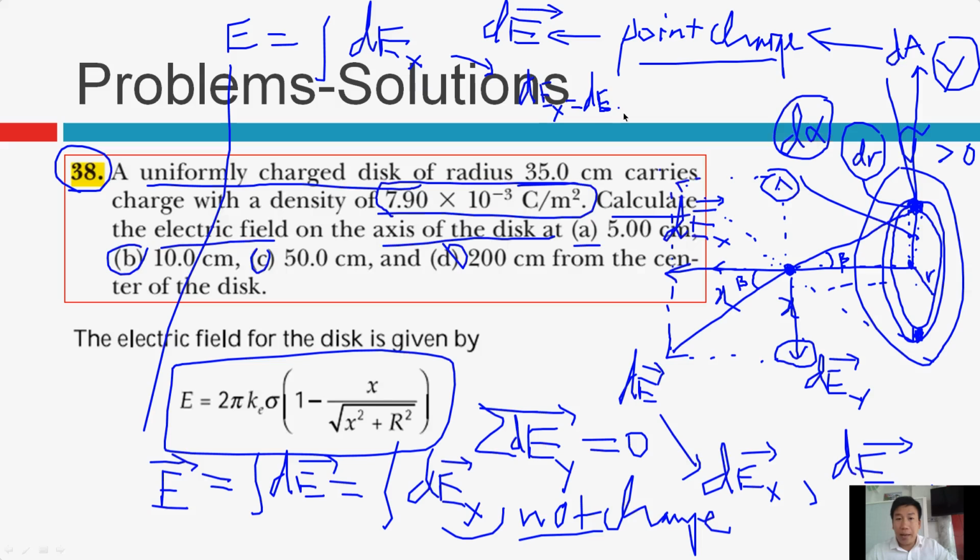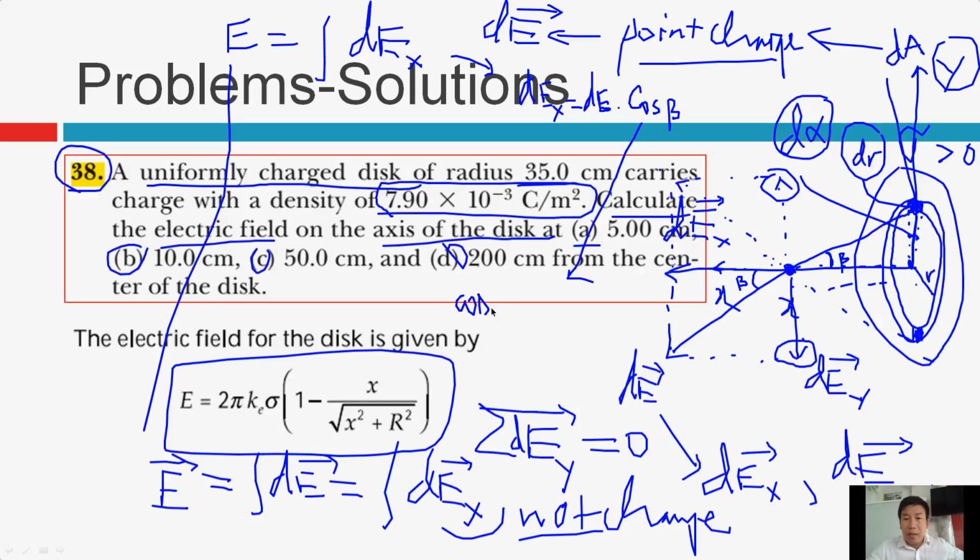So in this case, you have dEx equal dE multiplied by cos theta, right? And how about cos theta? Cos theta is very easy to find. Look at here. This is s. This is R. How to find this?